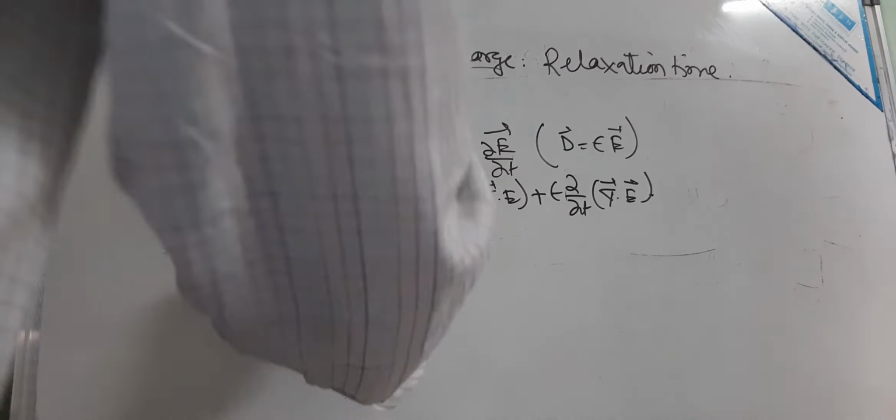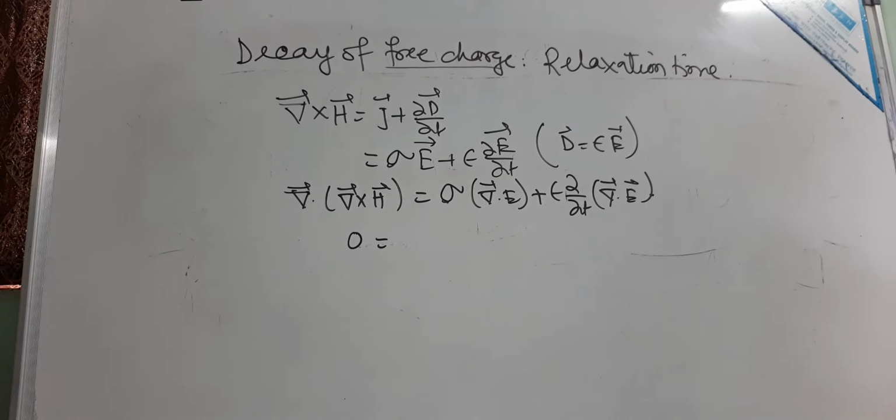Here sigma and epsilon, the conductivity and the permittivity of the medium, are constants. Divergence of curl of H equals 0, a vector identity that we know from vector calculus.